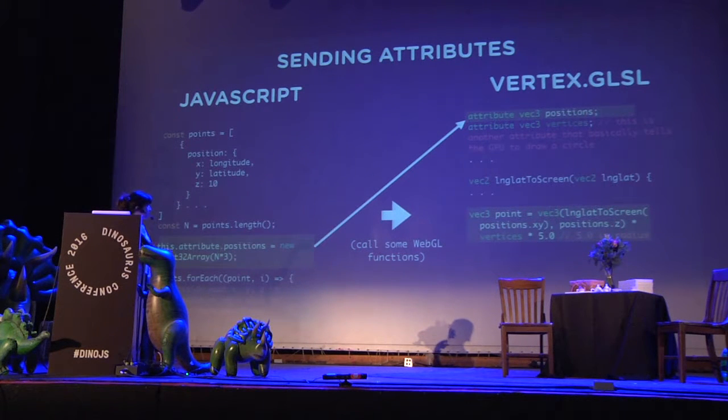We call some WebGL functions, just magic right now, and then we can access those points in a vector 3 of positions. So for each of those positions, we can access the X, Y, and Z in the shader side.